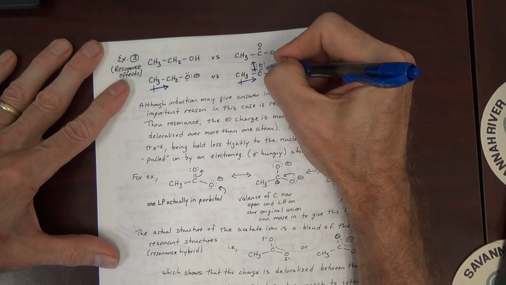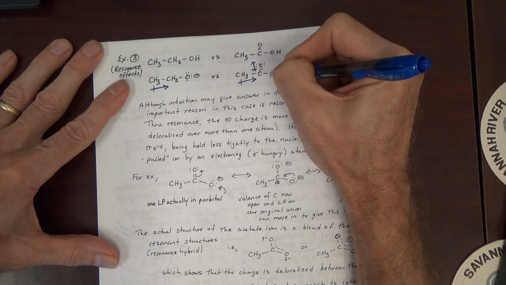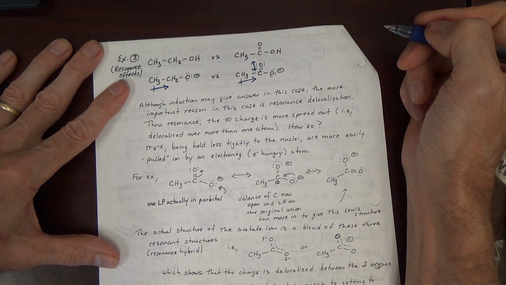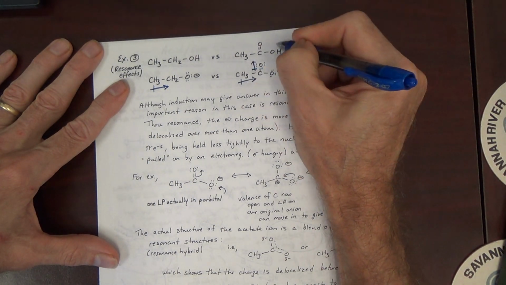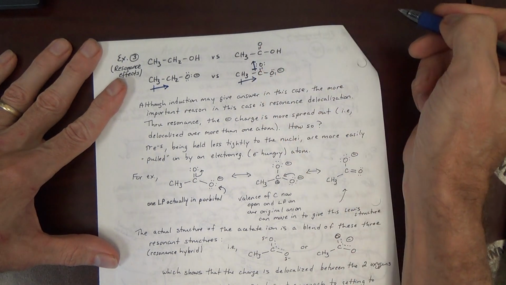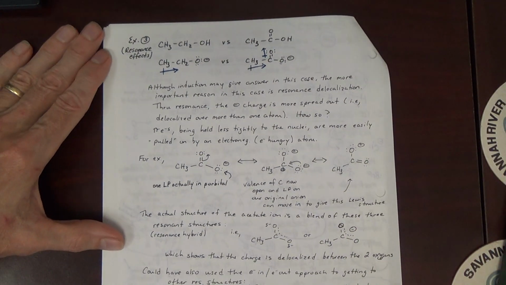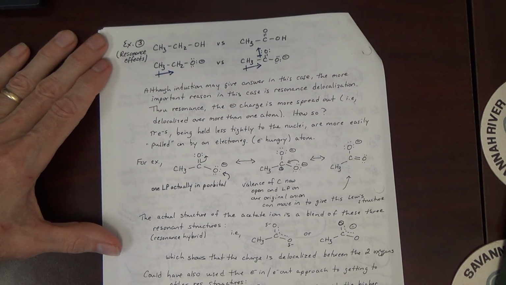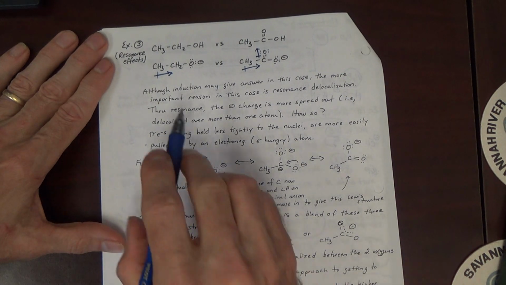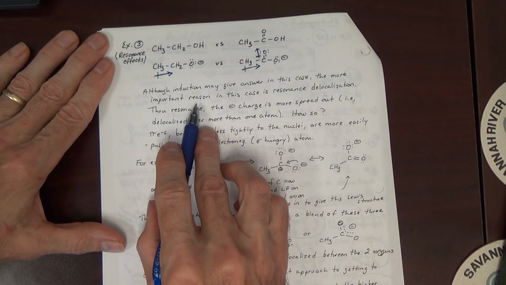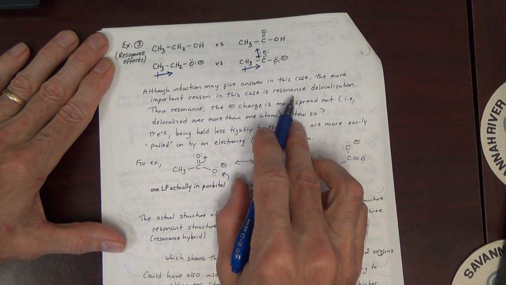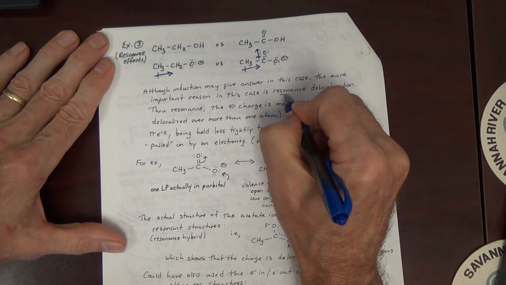That would probably tell you that this is the more stable anion. And since this is a more stable anion, you would predict that this is the stronger acid, and you would indeed be correct. But although induction may give the answer in this case, the more important reason is resonance delocalization.